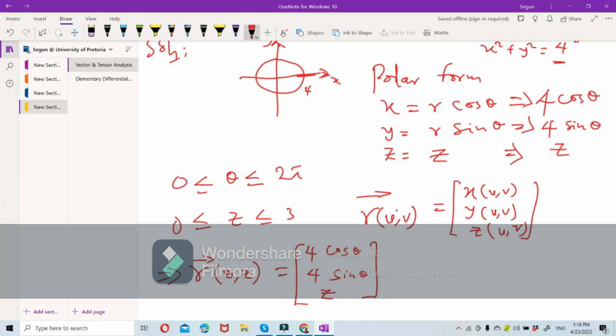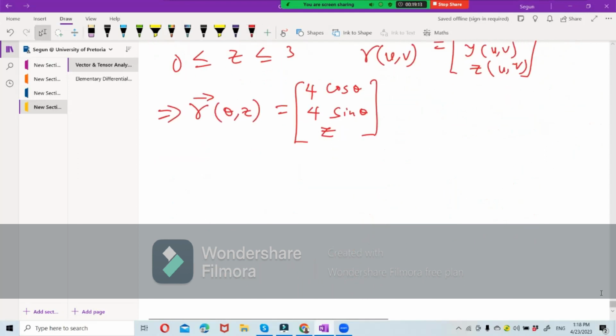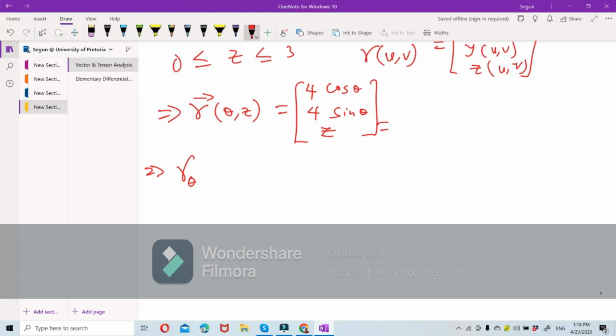Now that we have this, the next thing is to differentiate partially. I'm still working on the R theta now. What does R theta mean?